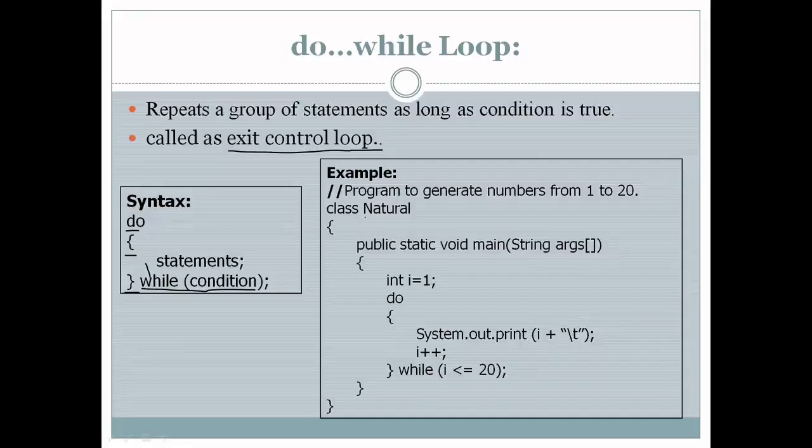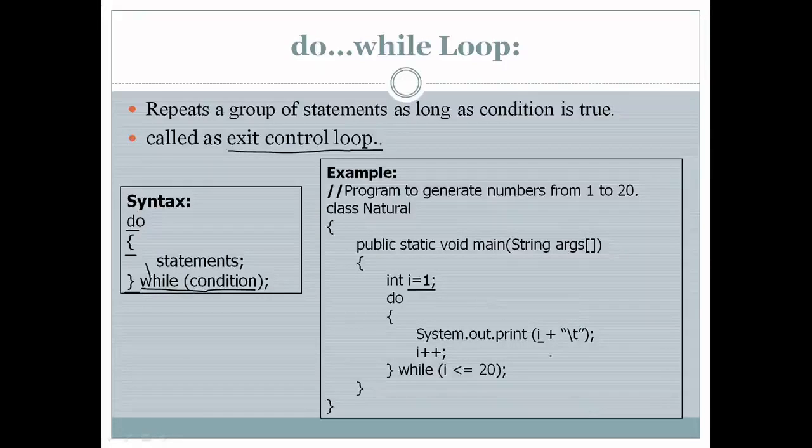We have class natural, then public static void main, then we have declared again a variable i equals 1, then we have do. Inside the flower bracket we have the statement System.out.println value of i.